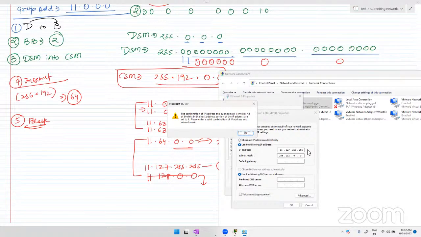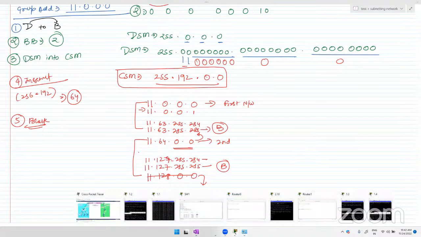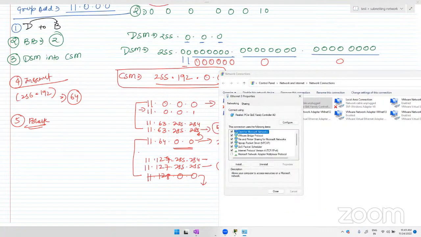If we assign the last IP in this network, 11.127.255.254, this one is the last IP, right? Assign, and then enter. Done. If it is assigned, that means the IP is valid. So this thing is clear.